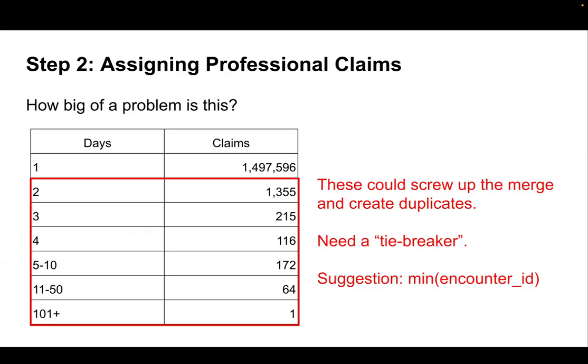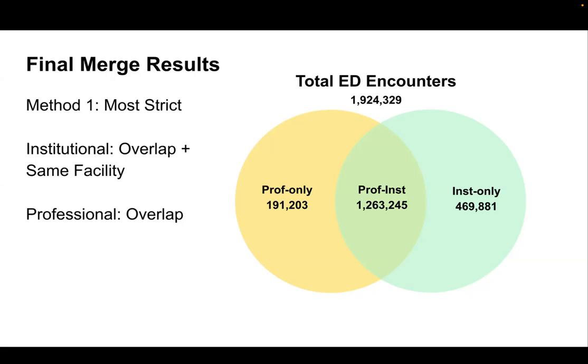Yes, of course. The simple thing to do here is to take the minimum of the base encounter ID that the claim overlaps with. And so whichever encounter ID is smaller, boom, that's the one it gets merged with. So I think that's the solution that I would recommend.